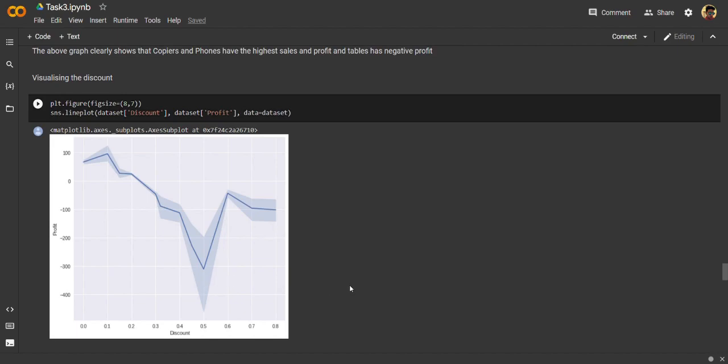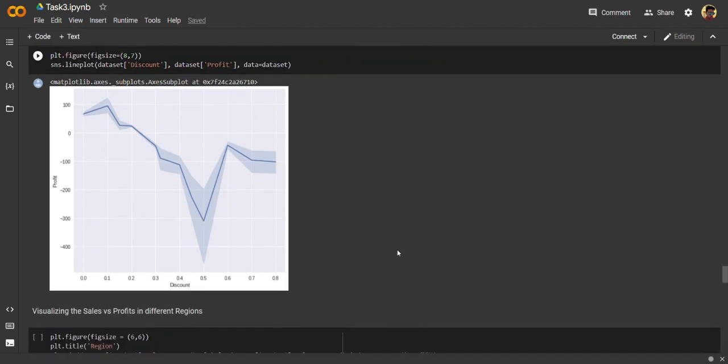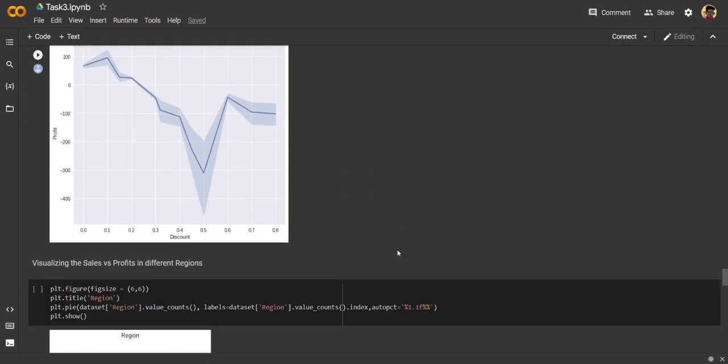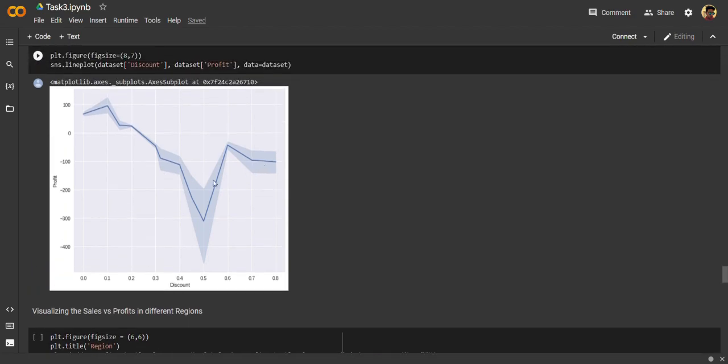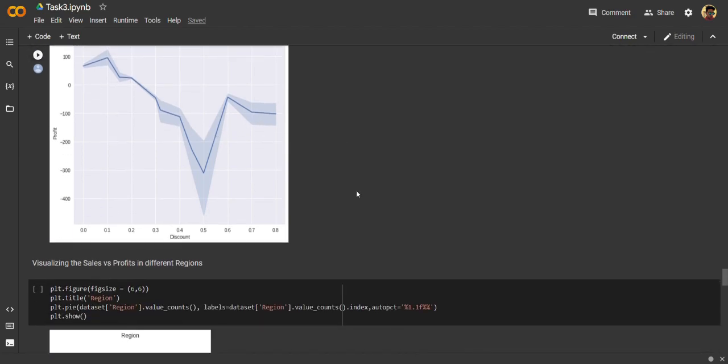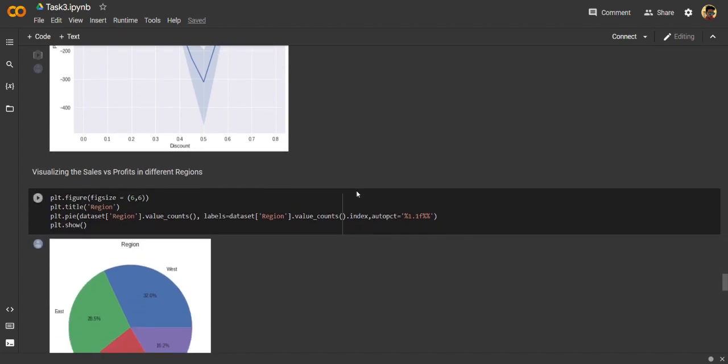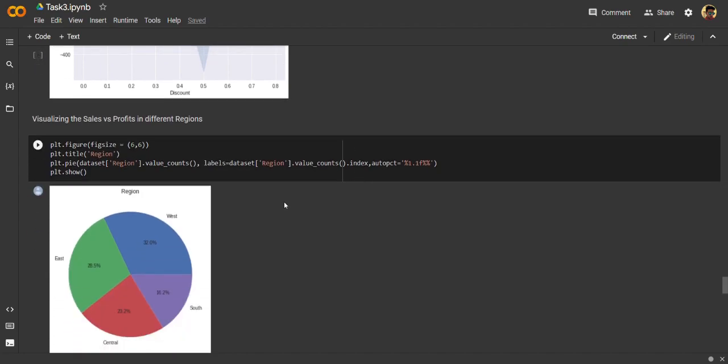As the discount increases, it gives a negative profit, which means a loss. Hence, one must think that the more the discount, the less the profit, or maybe a loss.